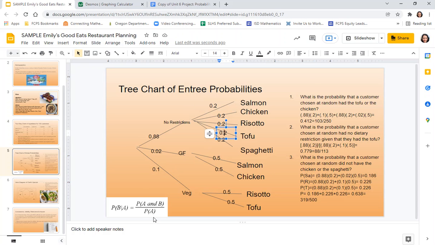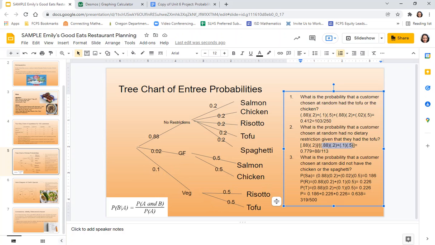In the denominator, there are multiple ways A could happen, which is that they had the tofu. So we're going to look at the 0.88 times the 0.2 again and add to it the 0.1 times the 0.5. That's your denominator. Again, Desmos will do that work for you and give you a decimal or a fraction.